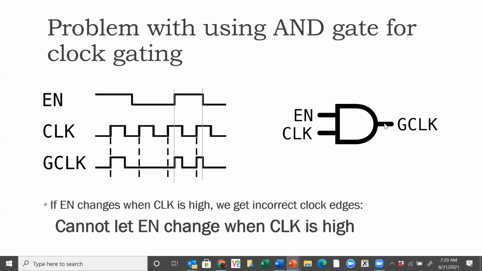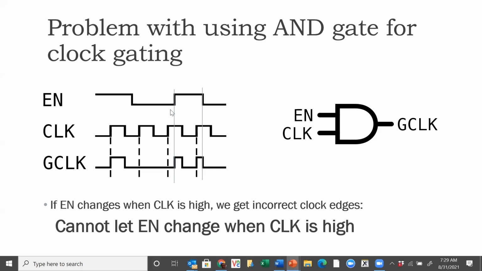Then what happens to this GCLK signal? So that first pulse of the clock goes through because the enable is high. The second pulse of the clock does not go through because the enable is low. And the third and the fourth pulses of the clock, they get clipped.